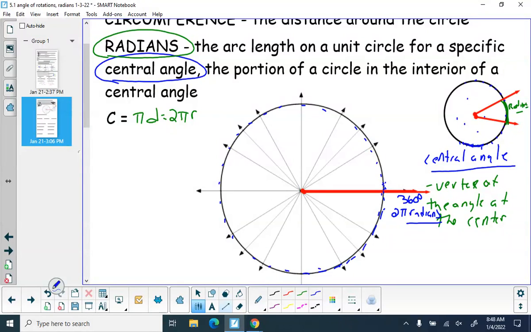Because my entire circumference, if I put the value of 1 as my radius, the circumference of the circle is 2 times pi. And if I want to, I can multiply pi as 3.14 to approximate a circumference to be 6.28, but that would be an approximate value.